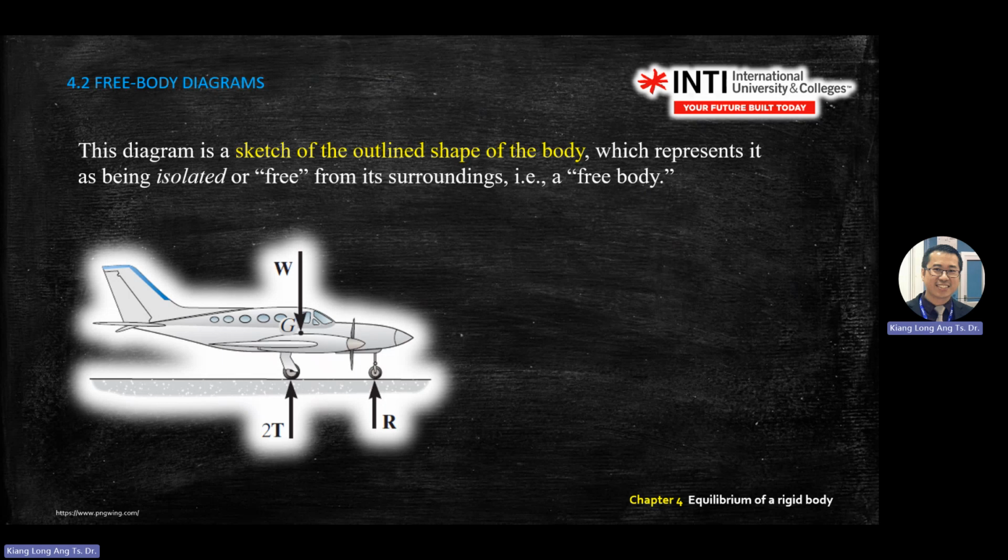When it comes to your test or final exam and you are asked to sketch a free body diagram, you can represent this aircraft with a square or rectangle. In this aircraft, you can see there is a center of gravity, G. From today, all mass under gravitational acceleration creates a weight W, which goes through the G, the center of mass or centroid.